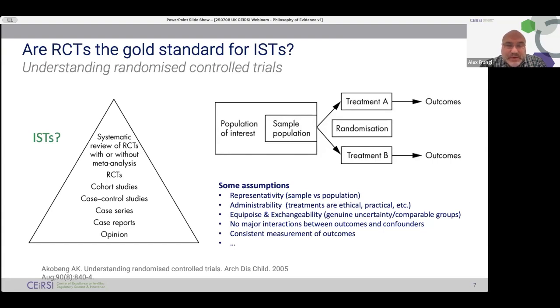It might be impractical and unethical to do. But there is equipoise and exchangeability between the treatment groups so that we can swap them, and that, from an ethical point of view, but also from a statistical point of view, these are equivalent groups, which may not always be the case, or may not be possible to actually do practically, even if that's what you want.